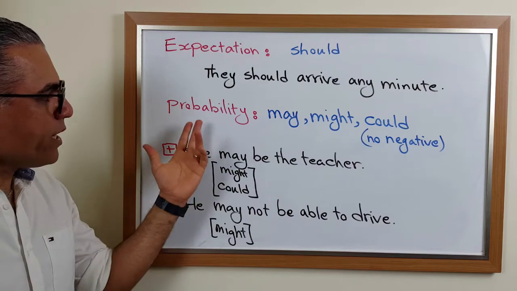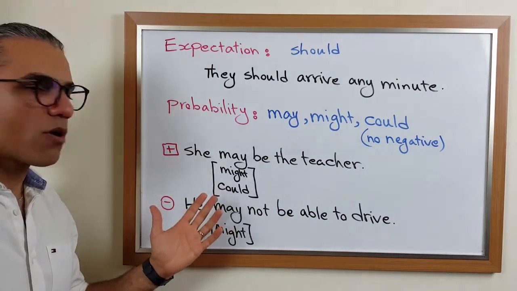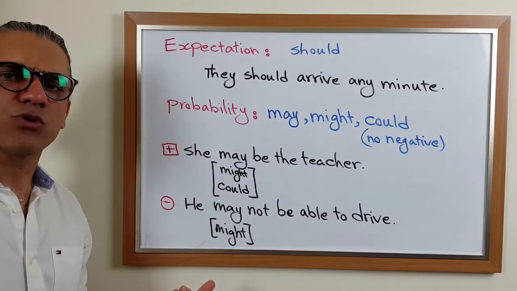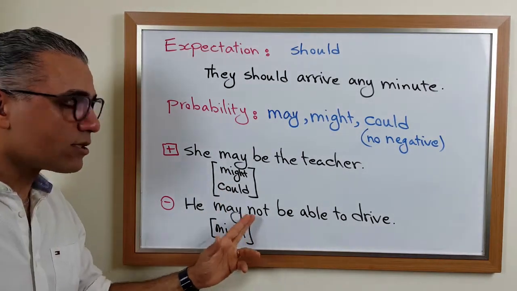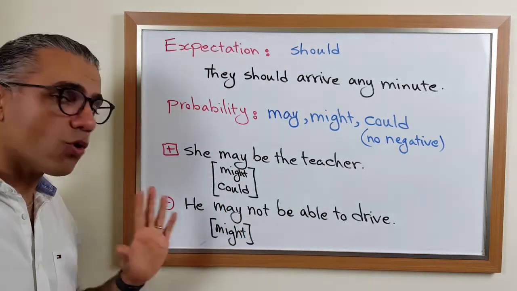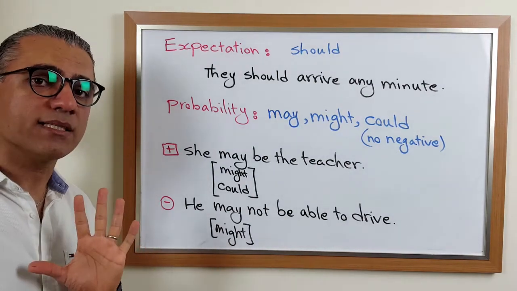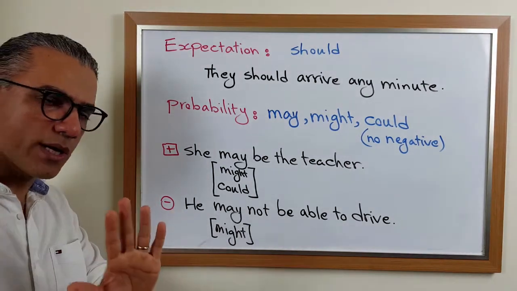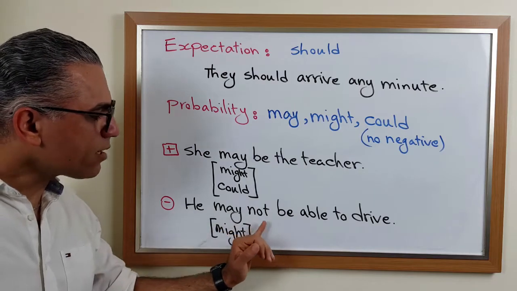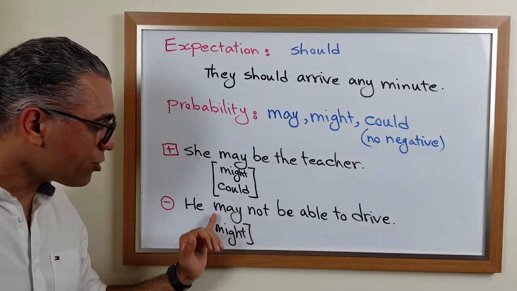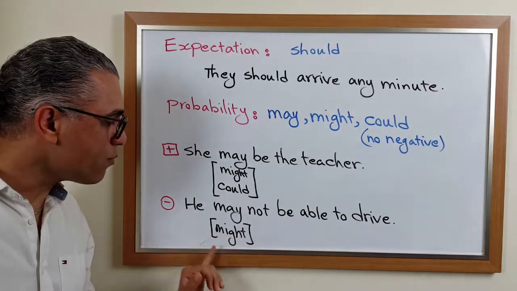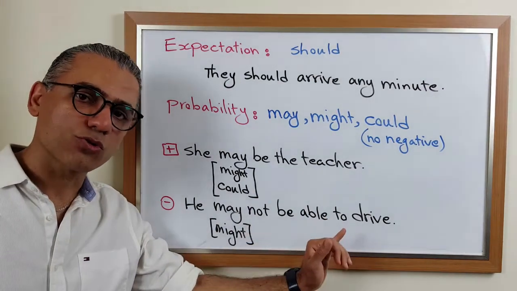So when it is a positive sentence for probability, there is almost no difference between may, might, and could. But when you add not to these modal verbs, you only can use may and might, and not could. I'll explain why. He may not be able to drive. Instead of may, we could use might. We could say he might not be able to drive.